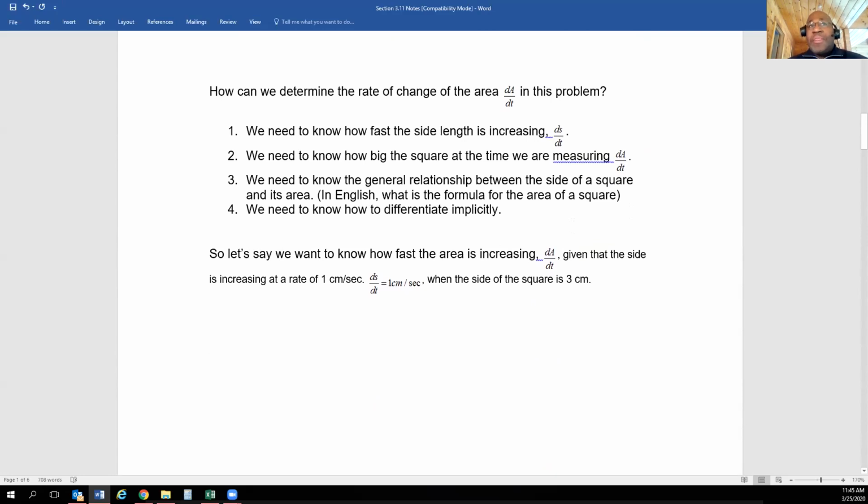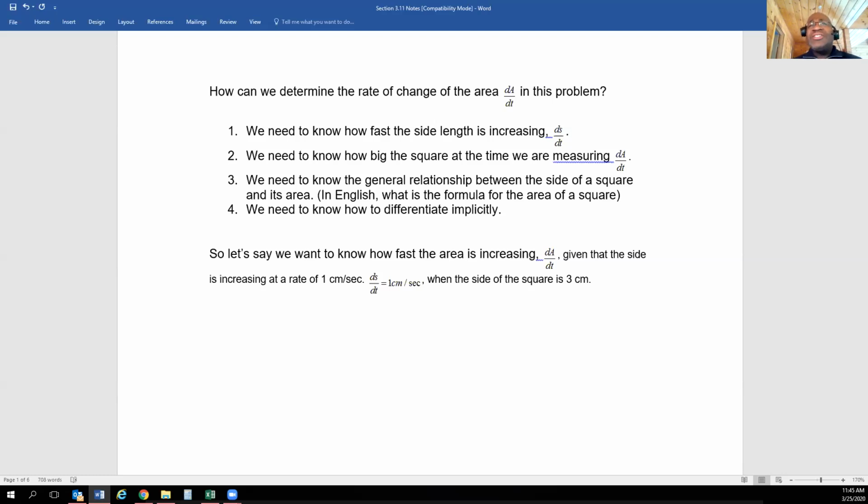So now question, how can we determine the rate of change of the area, which we'll call dA/dt, in this problem? Well, four things we need to know. First, we need to know how fast the side length is increasing. Secondly, we need to know how big the square is at the time we're measuring dA/dt.